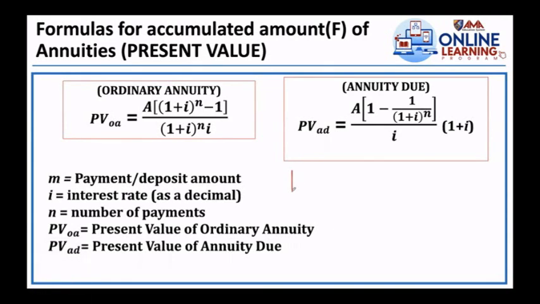So PVAD, I'm sorry, I was not able to write it before the class, and I'm not used to this, especially on the spot. PVAD, class, is equal to PVOA times 1 plus i.